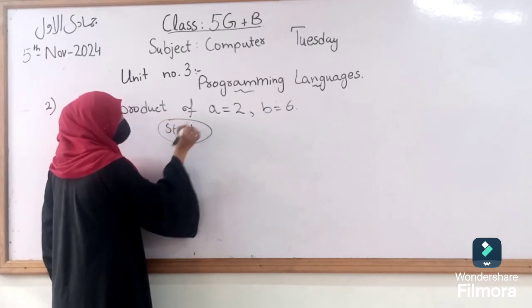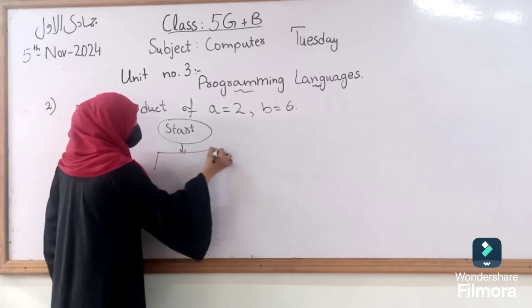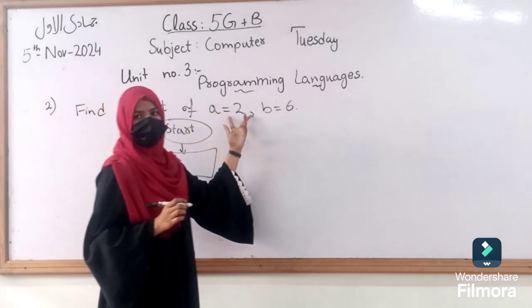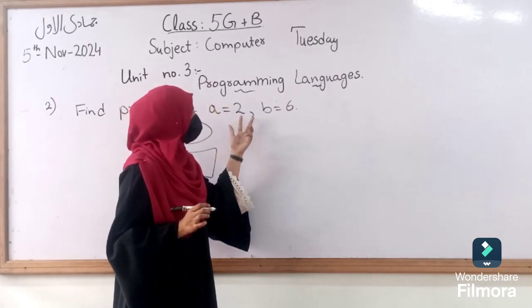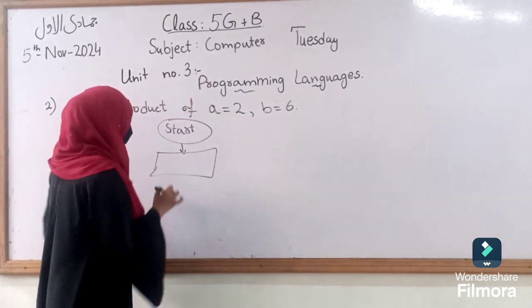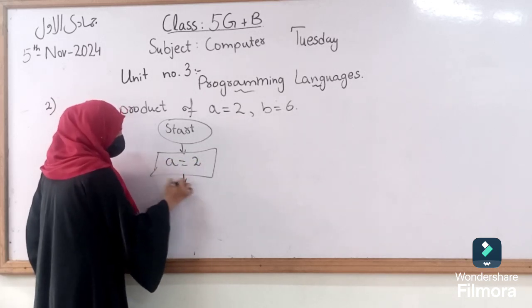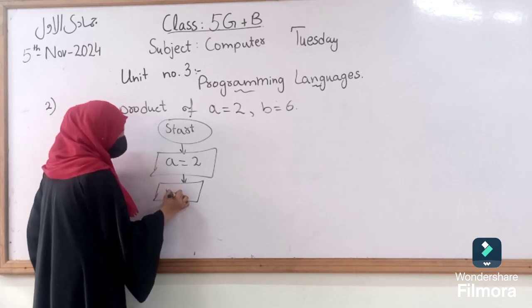You need to write start. Then the next step would be your input. What is the input? These two values that are given to you are your inputs. So your first input is a equals 2 and your second input is b equals 6.